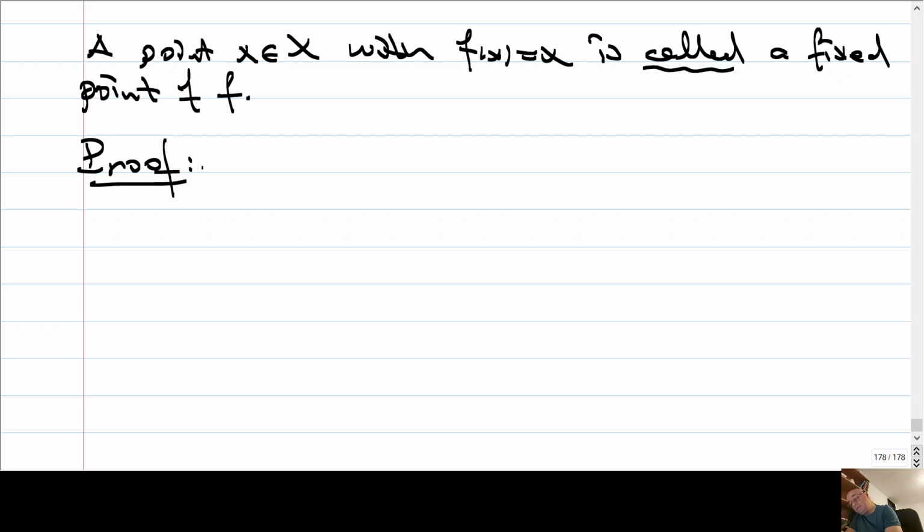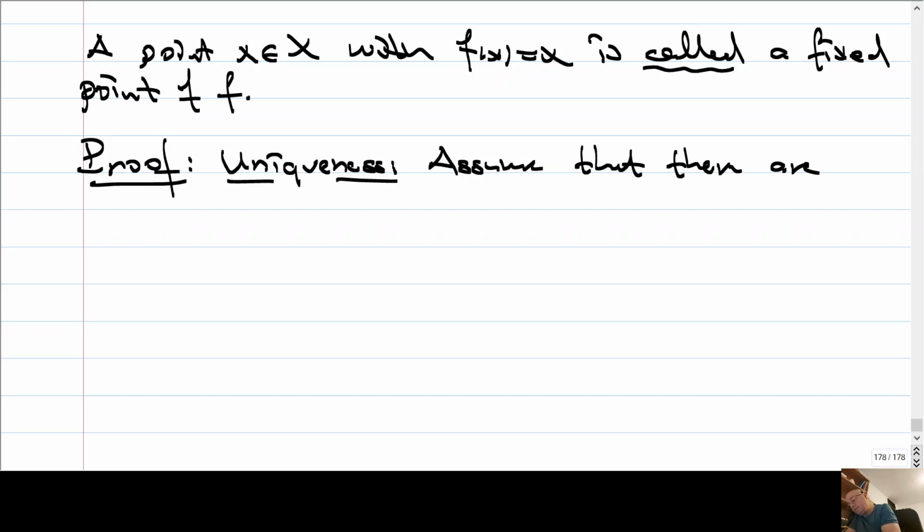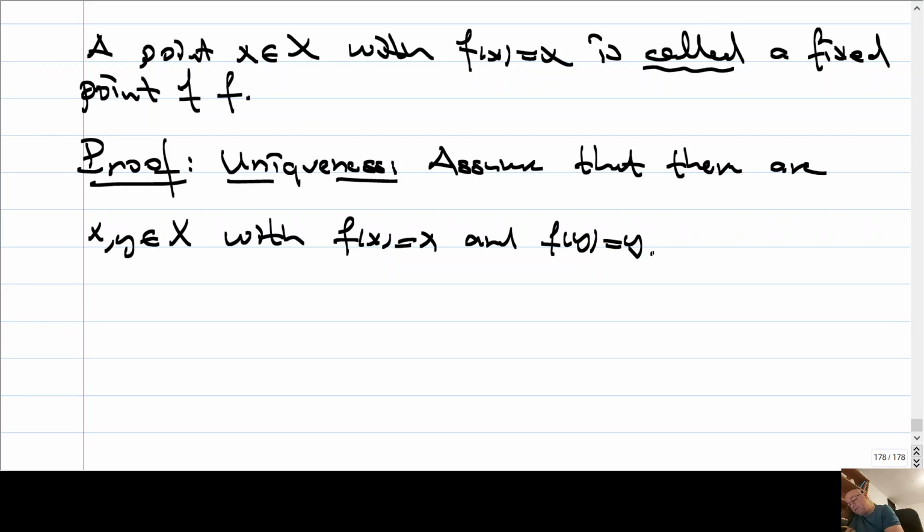Okay, so first, uniqueness. Assume that there are x and y in X with f of x equals x and f of y equals y. So suppose that there are fixed points x and y.